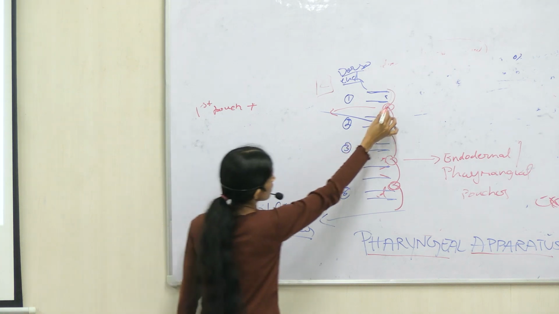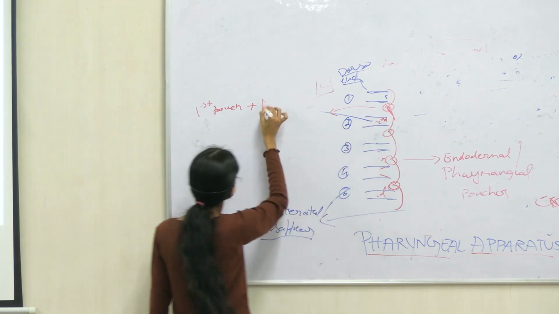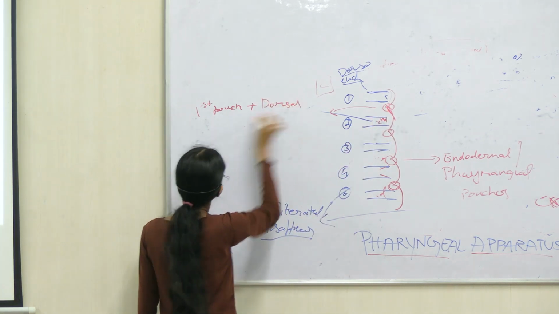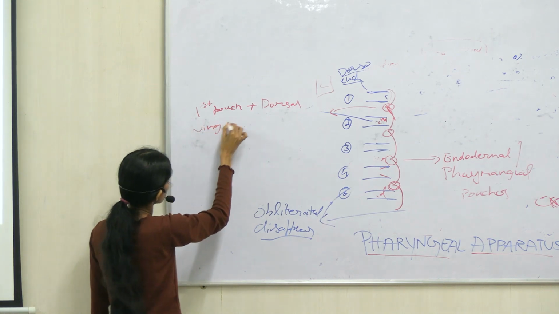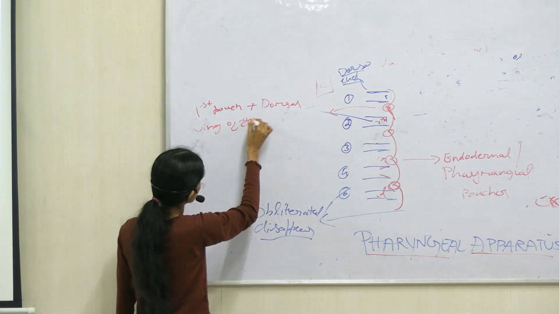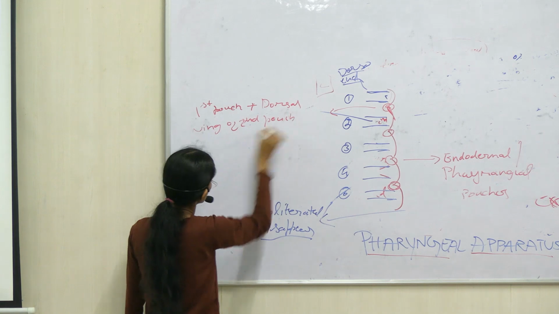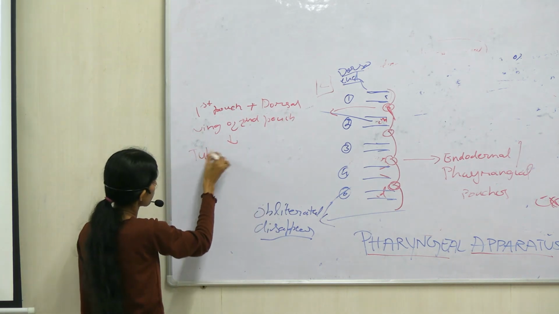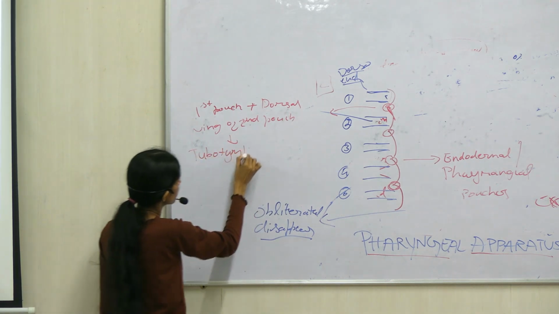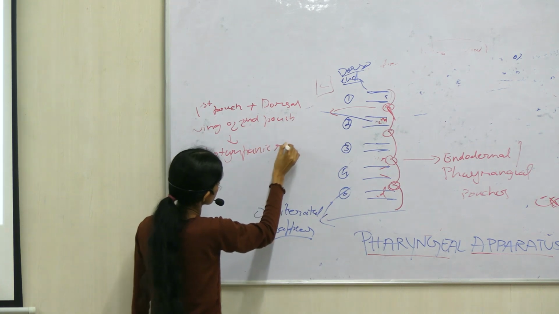So this first pouch plus the dorsal wing of the second pouch give rise to tubotympanic recess.